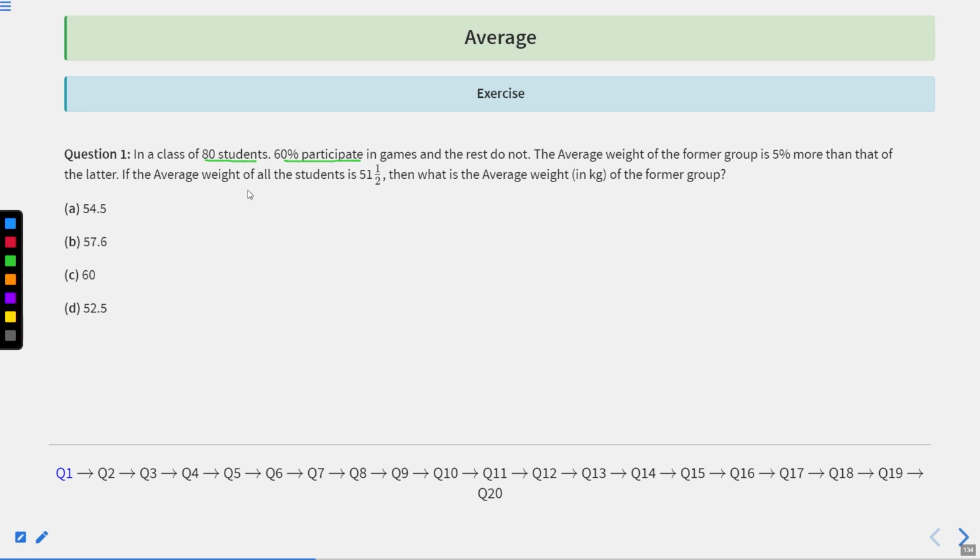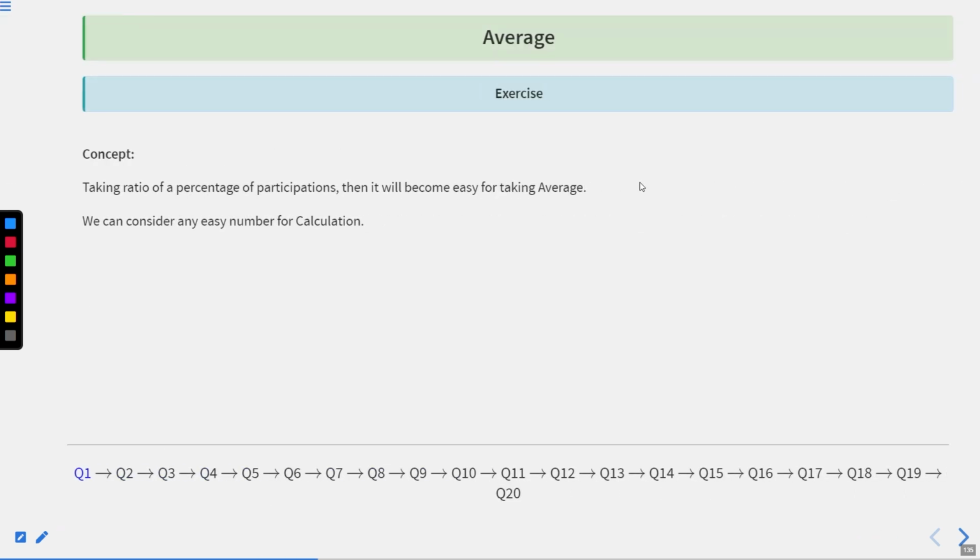So a relation around weight between these two groups is given to us. So if the average weight of all students is 51 and 1 upon 2, then what is the average weight of the former group? So that is what we are interested in.